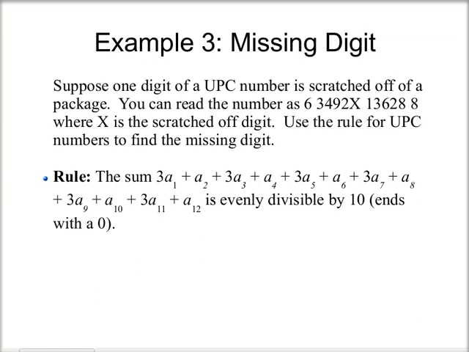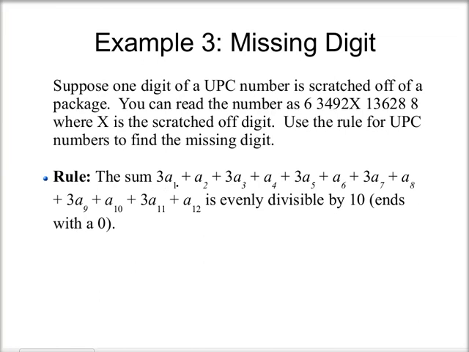Let's look at an example of a missing digit. So suppose one digit of a UPC number is scratched off of a package. You can read the number as 63492X136288, where the X is the scratched off digit. And we want to use the rule for UPC numbers to find the missing digit. So this is just a reminder of my rule.